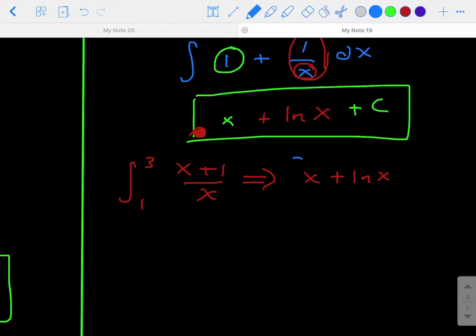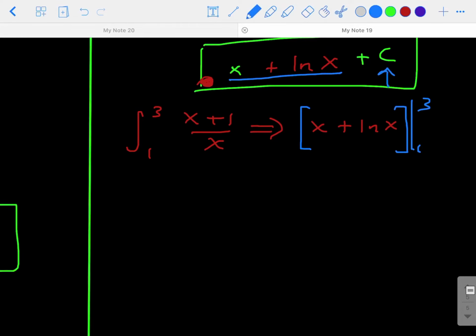If I was to apply the bounds, the fact that this is already the answer and we're defining an integral, then it is best to ignore this plus c, and then from here just apply the bounds from 1 to 3. So this is just like an extension. You won't be tested on finding the indefinite and then the definite integral of a function. And from here it's just a copy and paste.